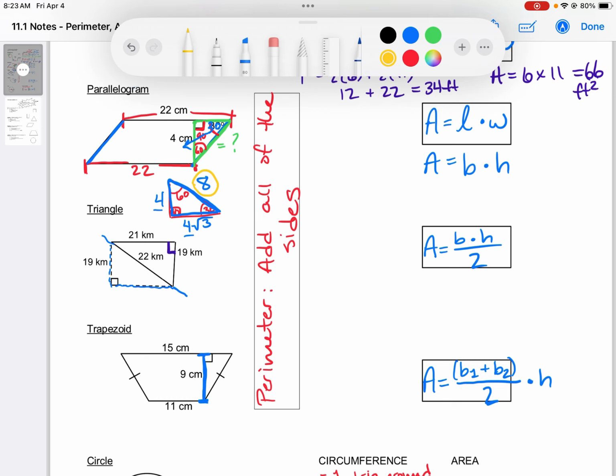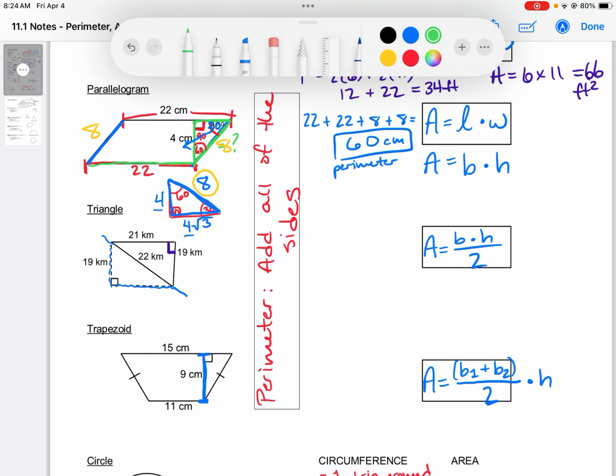So ultimately, what I really needed to take away from this is that the hypotenuse is 8, and it means that both ends of this parallelogram are 8. And so to add up all the sides, I would do 22 plus 22 plus 8 plus 8, which is 60 centimeters. That's my perimeter.